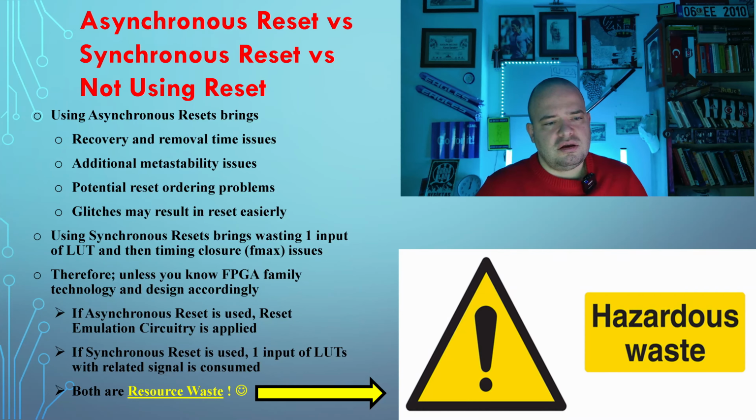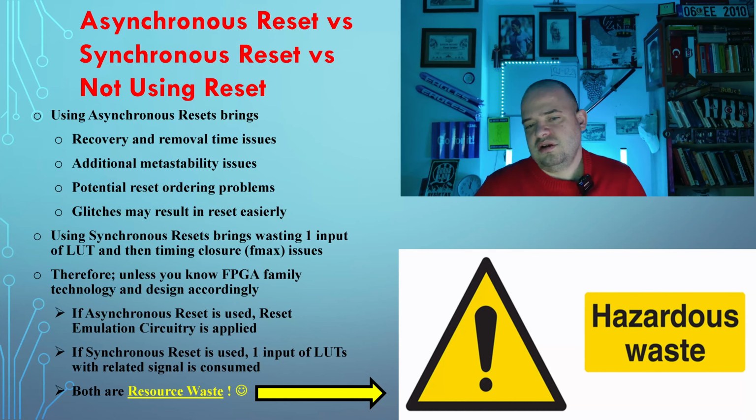Using synchronous resets wastes one input of a LUT, and then brings timing closure and Fmax issues. Also, the fan out of a synchronous reset could be really high as well, which also brings routing problems.